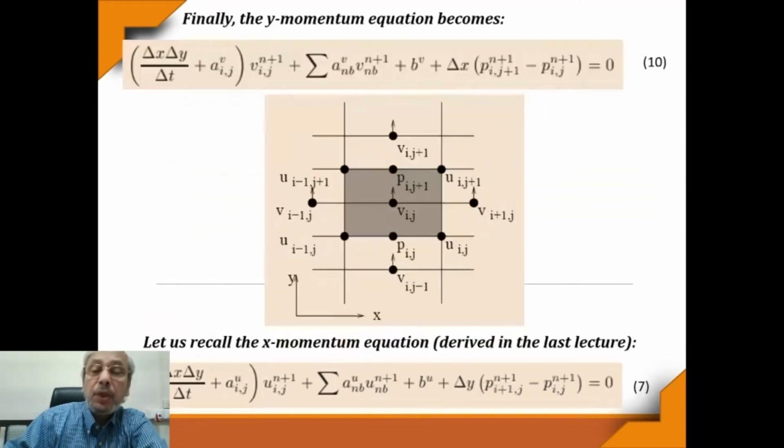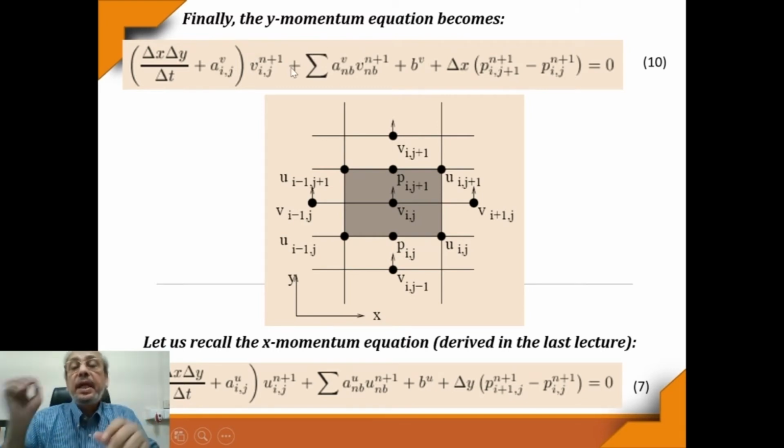Now if we want to evaluate equation 7 in an implicit manner for all the v's and all the u's, that means uij, ui plus 1j, ui minus 1j, uij plus 1 and uij minus 1 at the level n plus 1, and vij, vi plus 1j, vi minus 1j, vij plus 1, vij minus 1 at the level n plus 1, we'll get this equation.